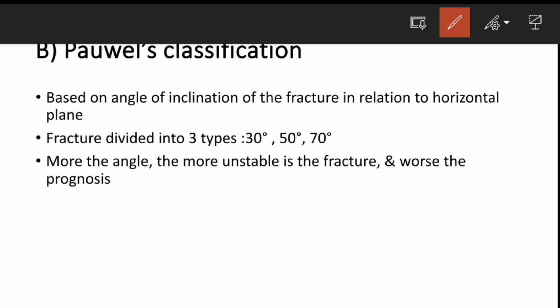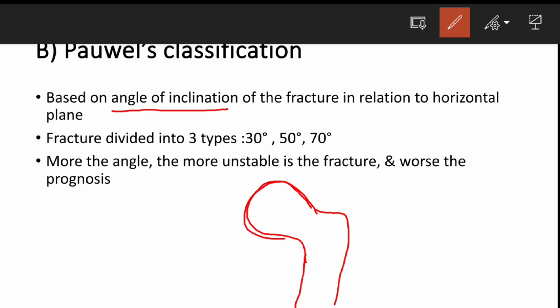Pauwel's classification is based on the angle of inclination of the fracture in relation to the horizontal plane. If suppose I draw here the femur, see, this is the head, this is the neck and this is the shaft.